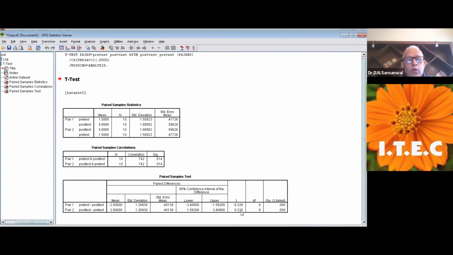And my correlation value is 0.74. This is correlation, paired samples correlation. It is 0.74. And this is my correlated t value, and that is 6.23.